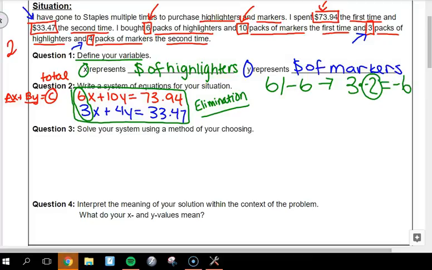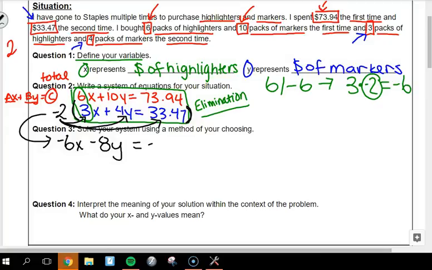So we want to multiply this bottom equation right here by -2, and I'm going to write the results down here. -2 times 3x is -6x. -2 times 4y is -8y. And -2 times 33.47 is -66.94. So that's our new equation.